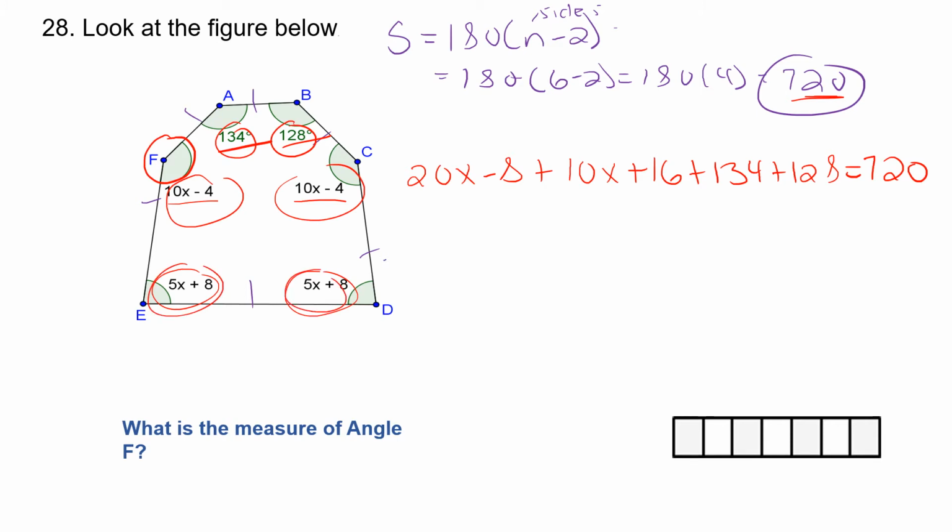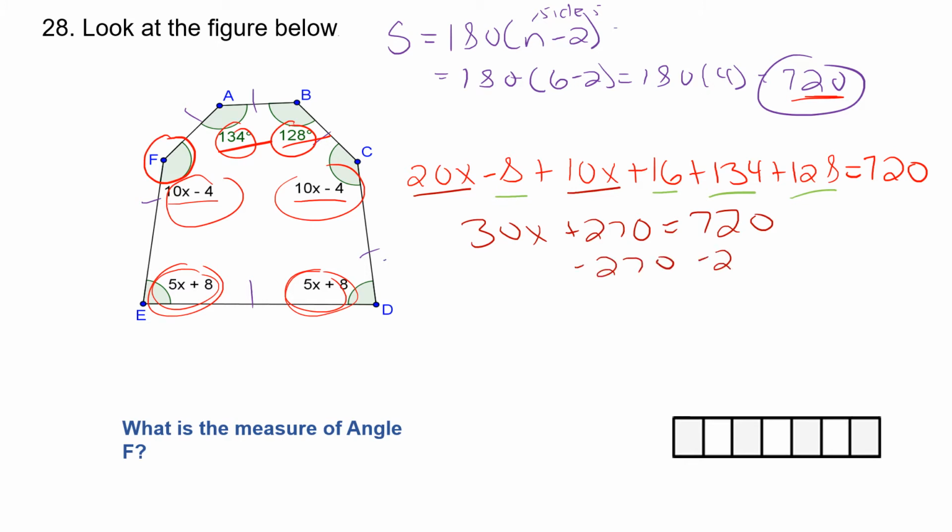Now I'm going to combine my like terms. Again, just algebra skills, solving equations. 20x and 10x, that's 30x. Those are all of my x's I see. Then combining negative 8 plus 16 plus 134 plus 128 will give me 270. And then I'm left with this wonderful two-step equation.